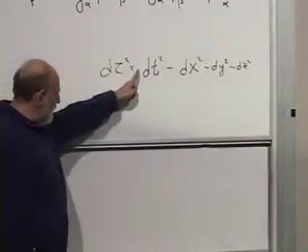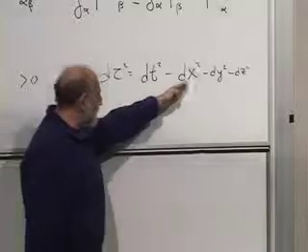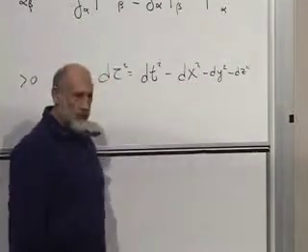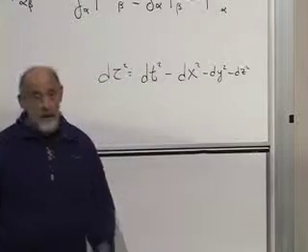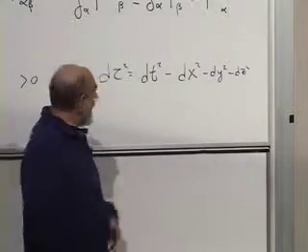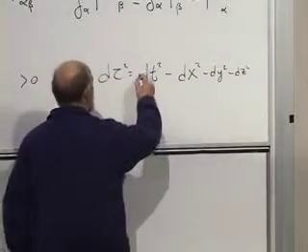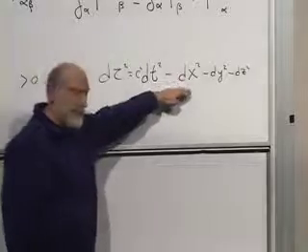I need to give these the same units. This has units of length squared, this has units of time squared. They're not compatible. To make them have the same units, I need some speeds of light. I can put the speed of light squared here, but in that case, what are the units of this quantity?